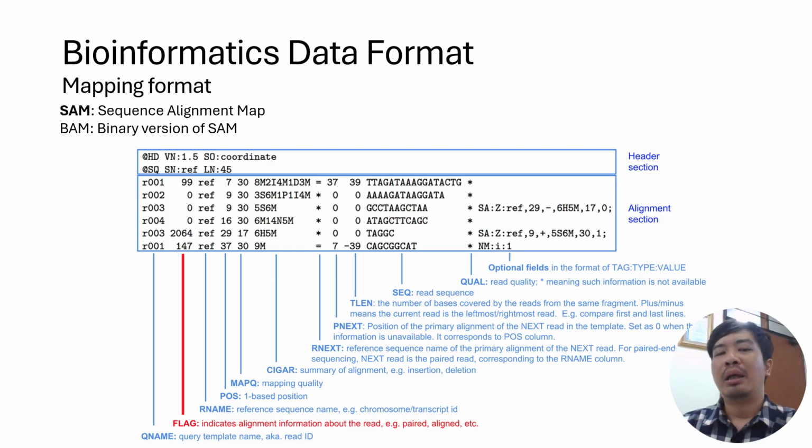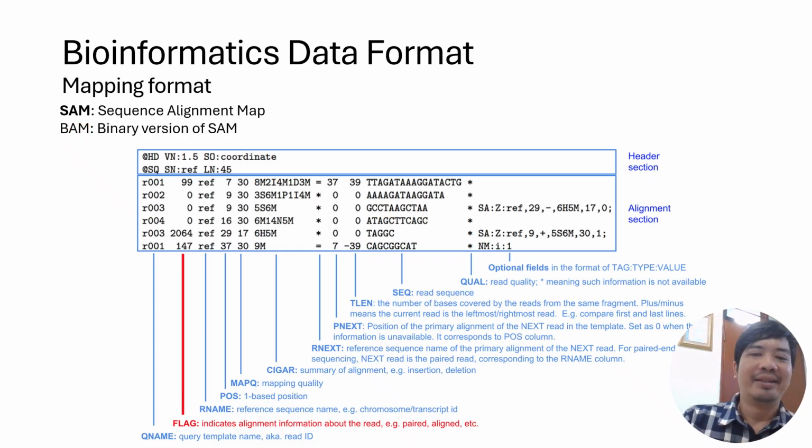So that's where they store the mapping information. I actually have never seen inside the SAM file, but I use a lot of SAM files, because the SAM is very big. It's up to 20 giga. And then there is BAM, the binary version of SAM. It's basically the same as SAM.